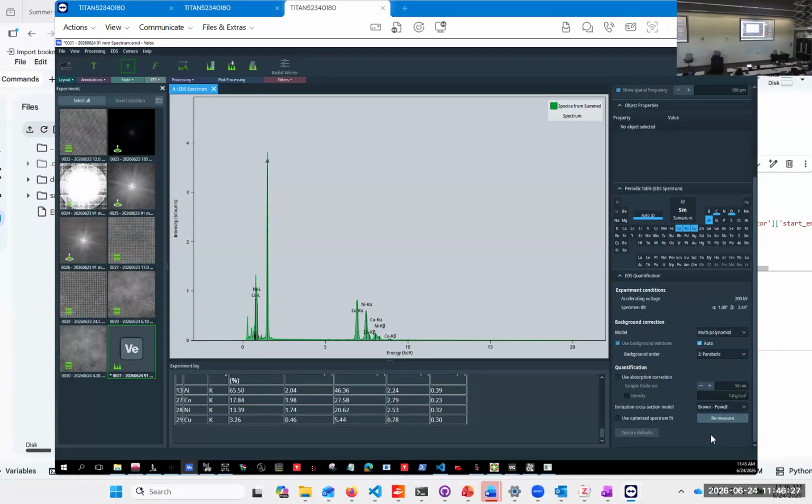And the background correction does the background windows automatically, so that is something you have to watch out for. It's not my software, so I'm not going too much into that.